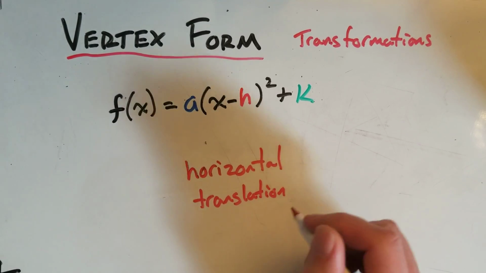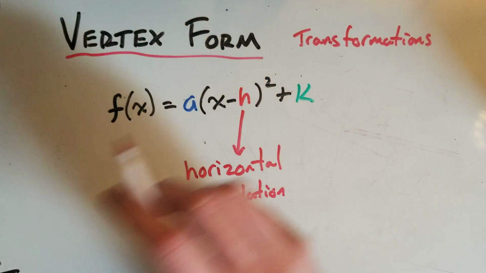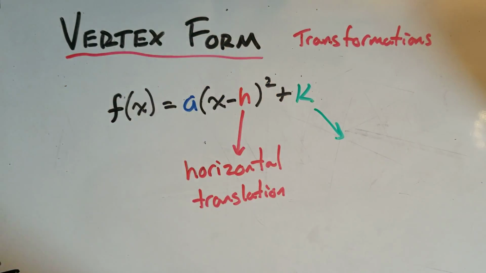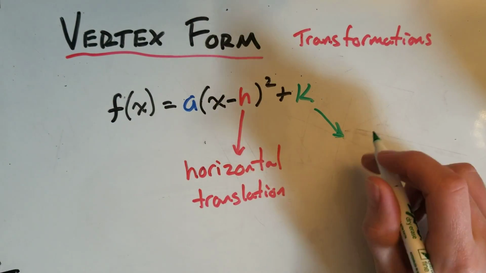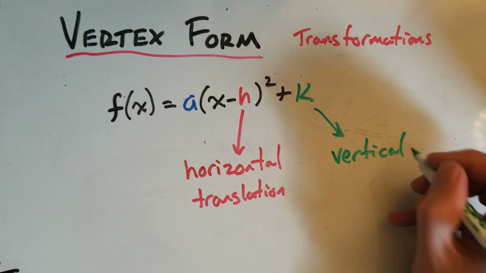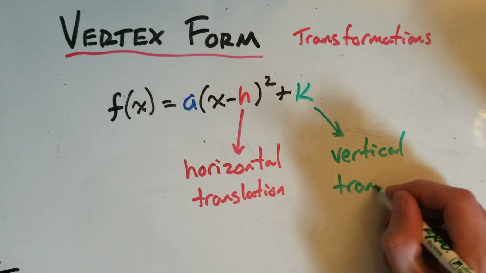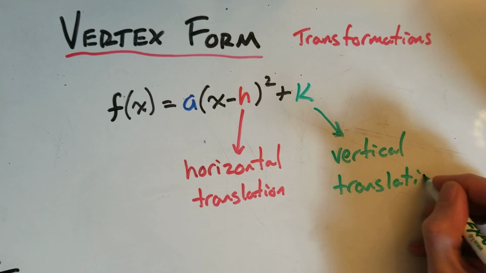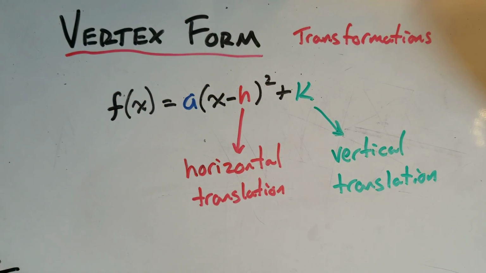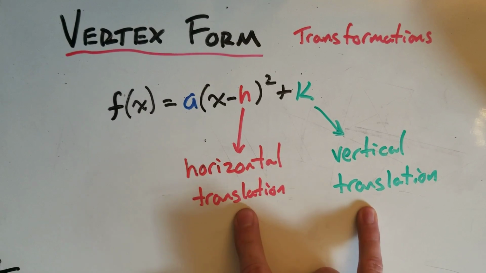Again, that's in relation to the parent function. So that's what our h is. And our k is going to tell us how far up or down we've gone if we're doing any sort of transformation here. So this will be a vertical translation. We'll look at an example of this, we'll graph both and we'll see. And this still is going to be our vertex. That's going to tell us, but it's also going to tell us any type of translation.